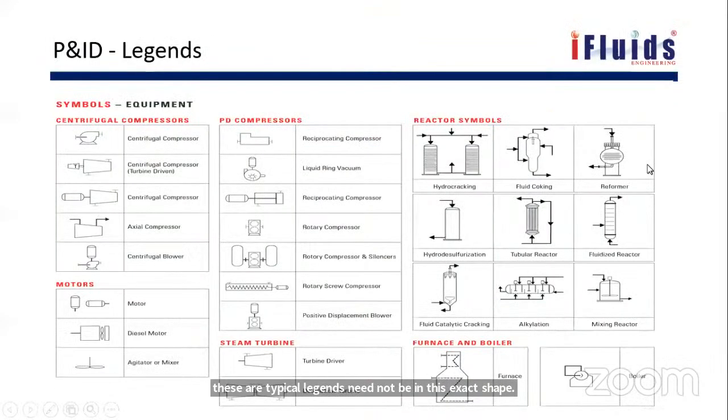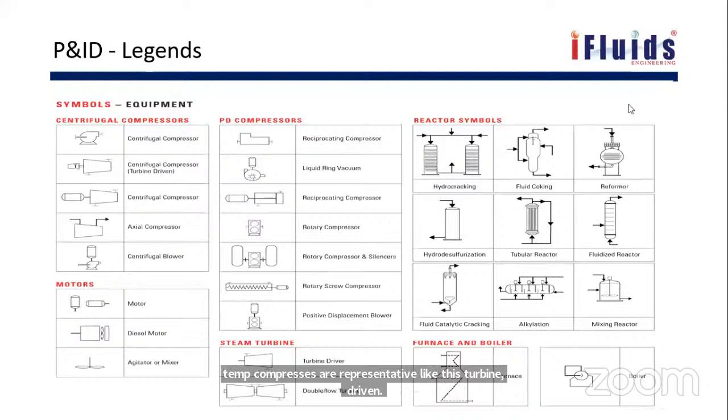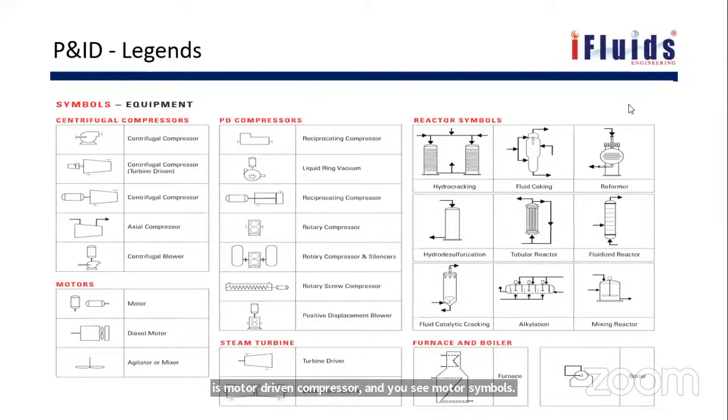So centrifugal compressors are represented like this. Turbine driven, this is a motor driven compressor. And you see motor symbols, you see turbine symbols here. Here you have positive displacement compressors, reciprocating, rotary, everything. So you have positive displacement blower, furnaces, boiler. This is how they are represented.